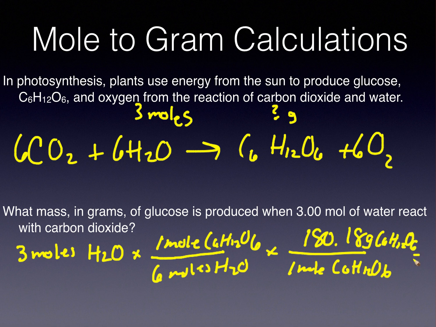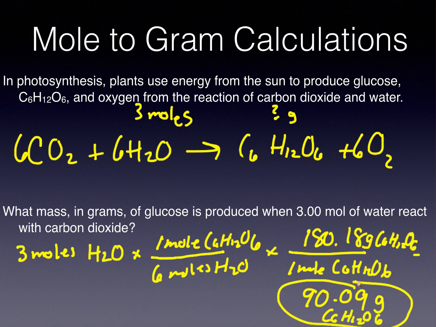So we have 3 divided by 6, hit equals, and then times 180.18, and we get 90.09 grams of C6H12O6. So that's a mole to gram stoichiometric calculation.